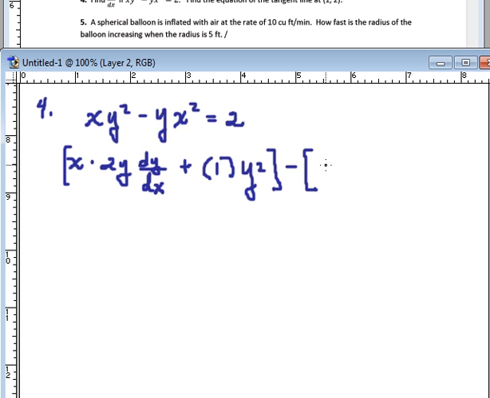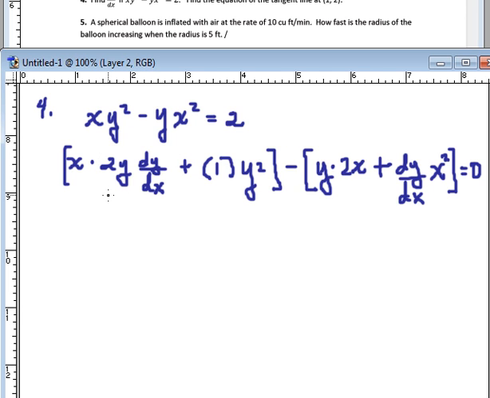So we have the first y times the derivative of the second, 2x, plus the derivative of y, that's dy dx, times the second, x squared, is equal to 0 for the derivative of 2. Okay, now we want to rearrange this. Well, first of all, we have to open the brackets here, and we're going to gather together the dy dx's.